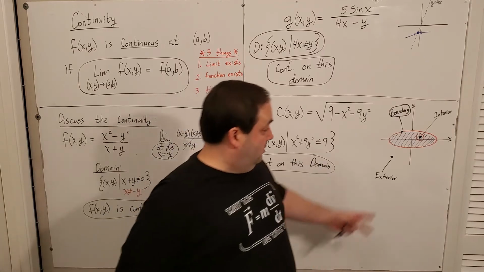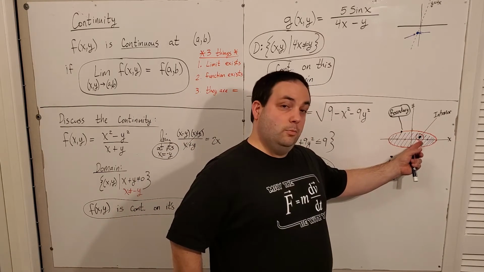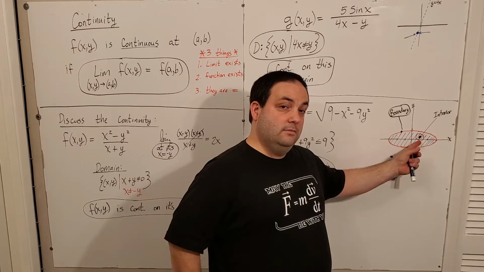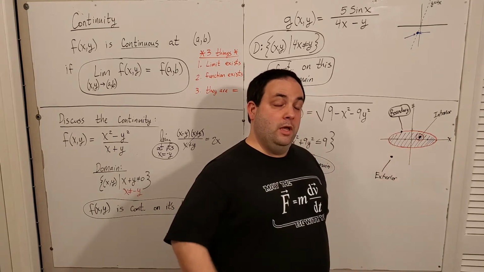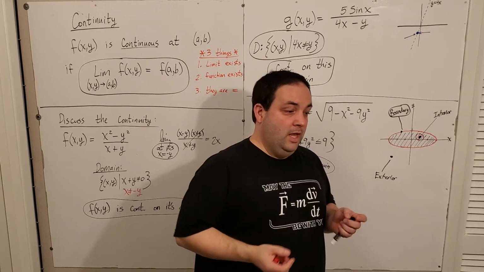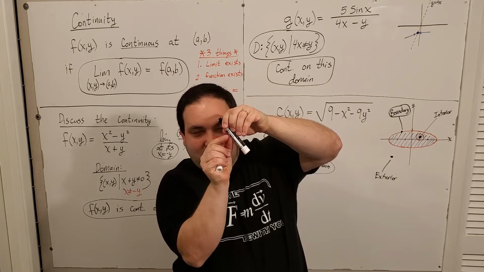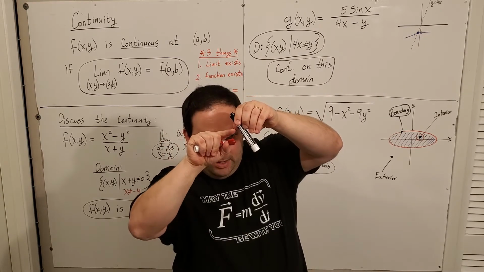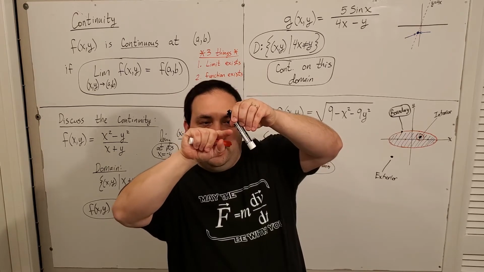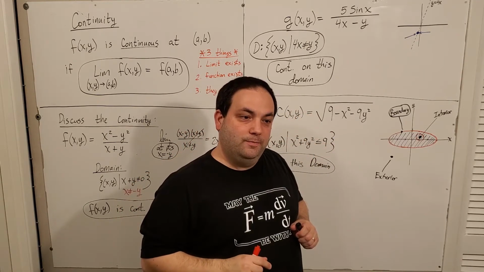So notice, as the example shows, I was able to draw a circle that's completely contained inside the set, right? So that's an interior point. All it takes is one. I just need to be able to get one neighborhood inside. So even if you're right up against the boundary, there's still that little bit of space in between that I'd be able to squeeze a little circle inside of, right? And then that point would be considered interior.